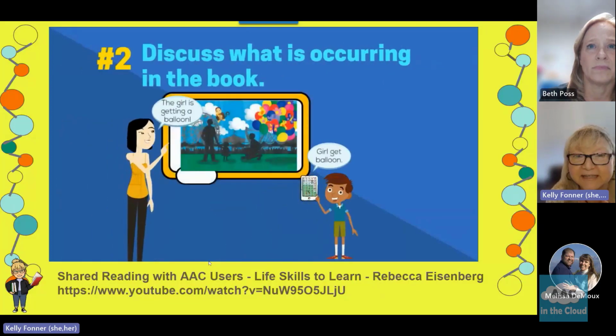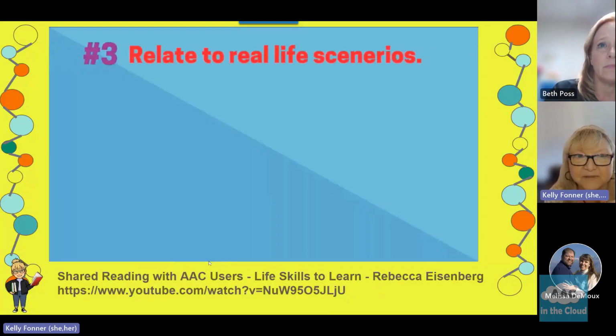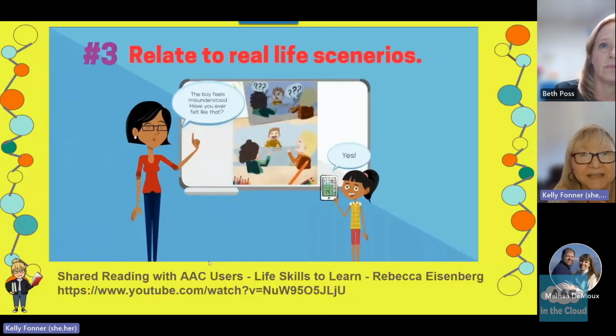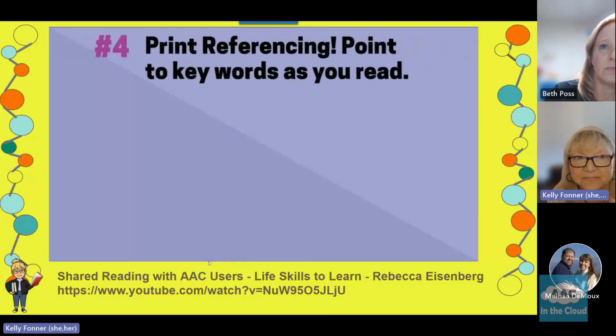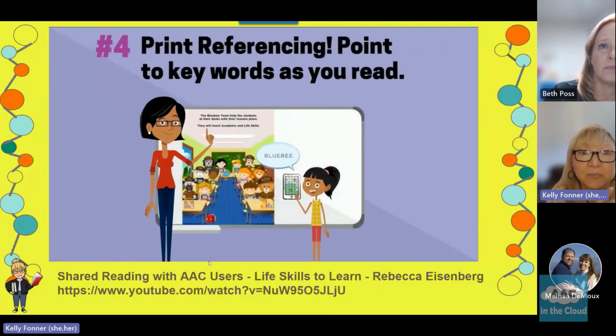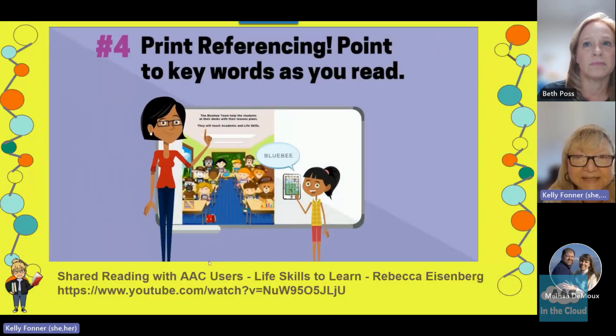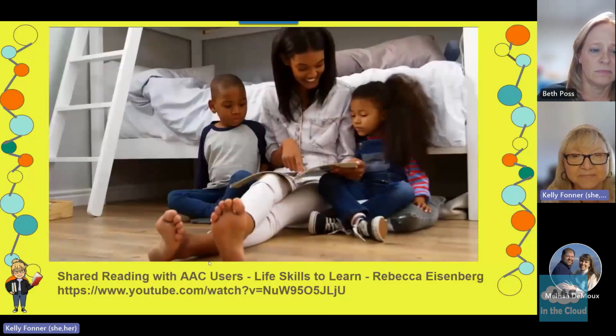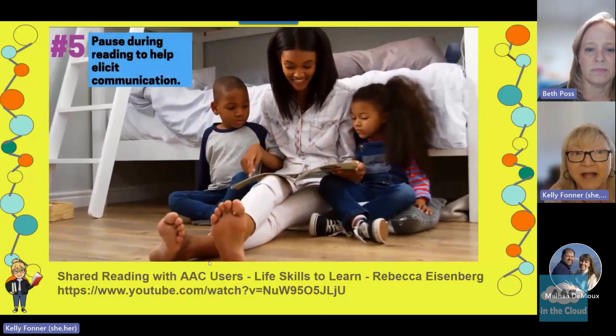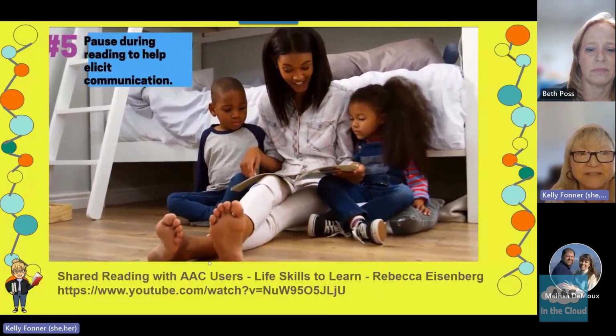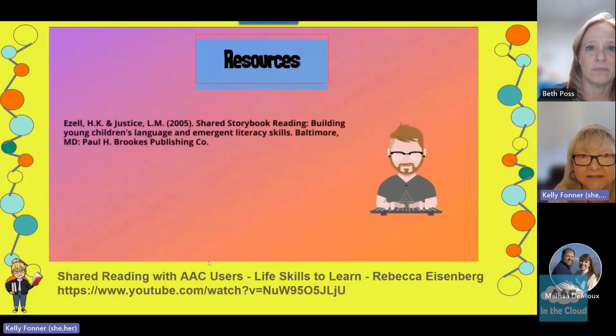Number 2, discuss what is occurring in the book. Number 3, relate to real life scenarios. Number 4, quit referencing pointing keywords as you read. Number 5, pause during reading to help elicit communication.